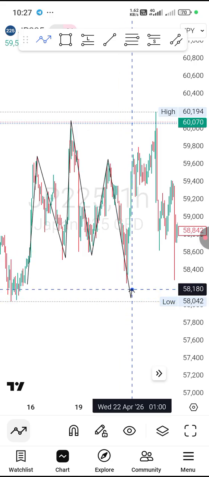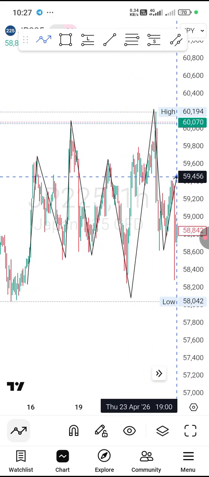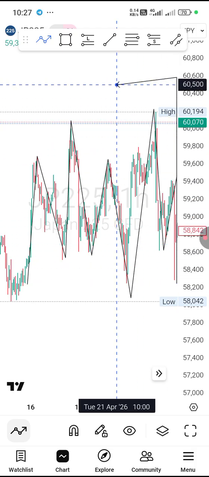It breaks down, it comes up, takes liquidity above, just like that. That's how it's been doing, and our price is currently at this place.